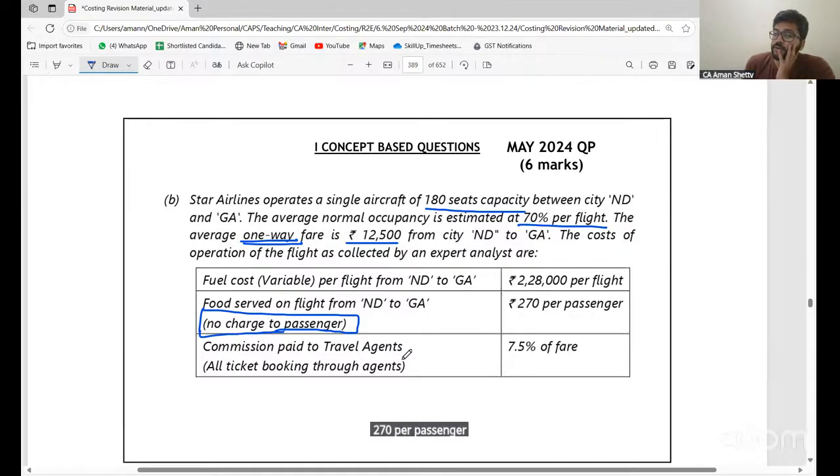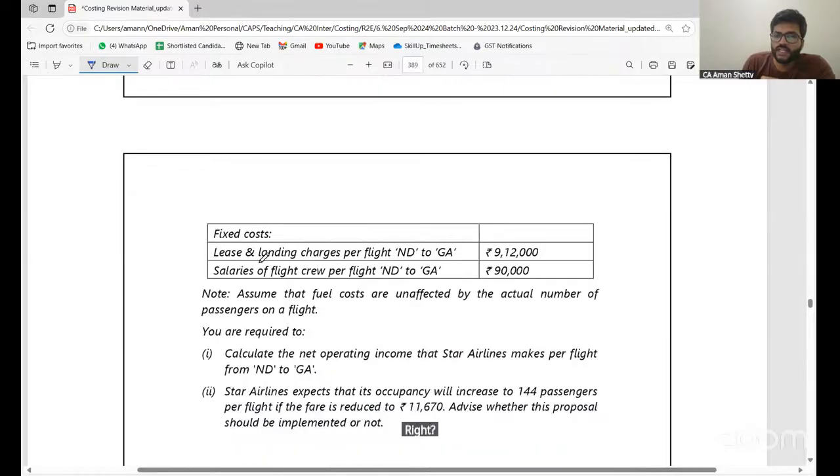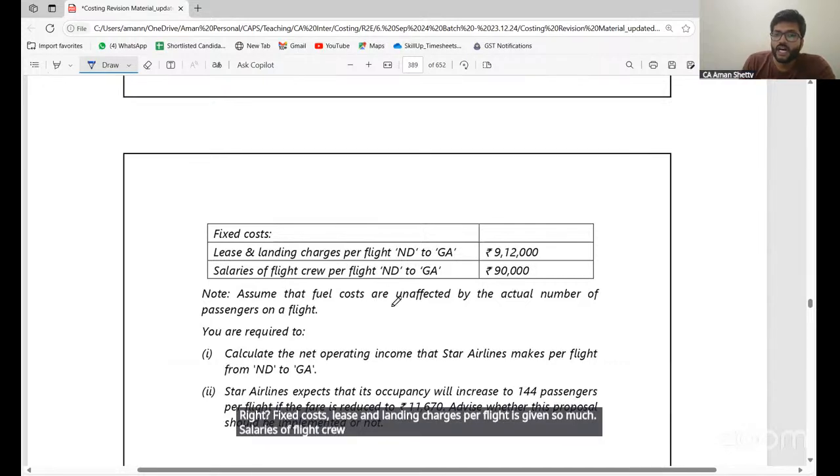Then commission paid to travel agents is 7.5% of fare. All ticket bookings are through agents. Fixed costs, lease and landing charges per flight, is given, and salaries of flight crew per flight is given. Assume that the total fuel costs are unaffected by the actual number of passengers on a flight. You are required to calculate the net operating income that Star Airlines makes per flight from ND to GA.